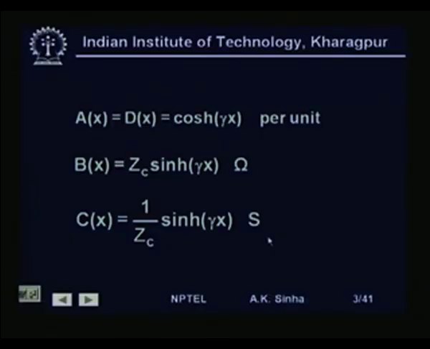Now, here if you see, Ax is equal to Dx and that is equal to cos hyperbolic gamma x in per unit.